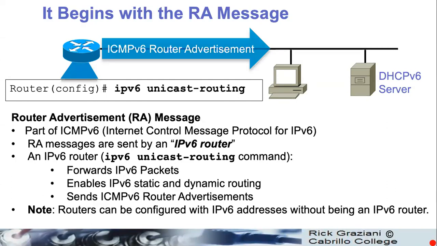Just know you can still configure IPv6 addresses on a router without this command, but it then becomes pretty much like an end device for IPv6 and not a router for IPv6.